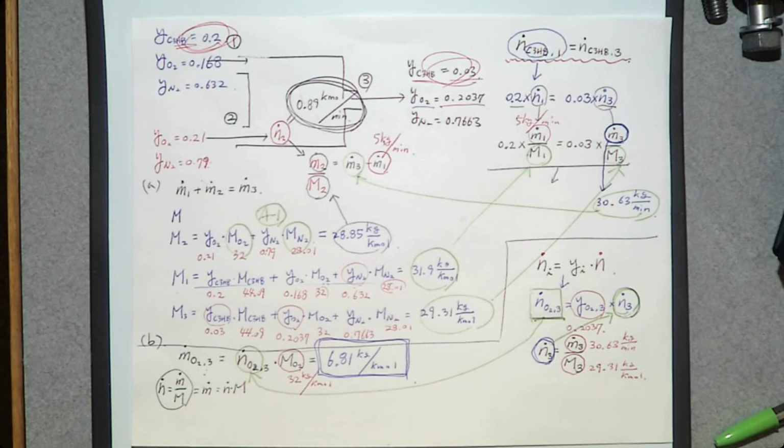Instead of studying mass fraction, we studied the molar flow rate. Then how can you determine this molar flow rate? Mass flow rate divided by molecular weight. And from this, we found the relation between m dot number 1 and m dot number 3.